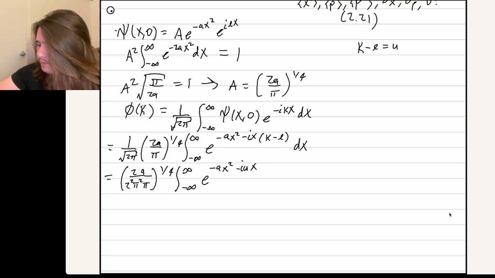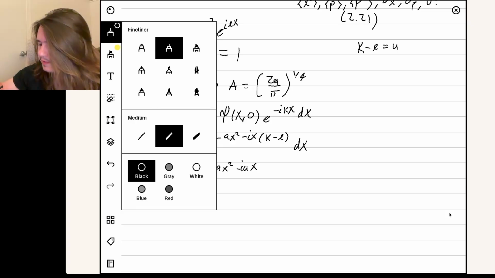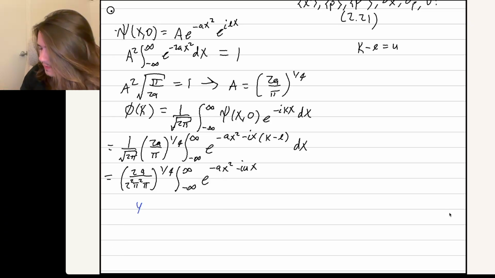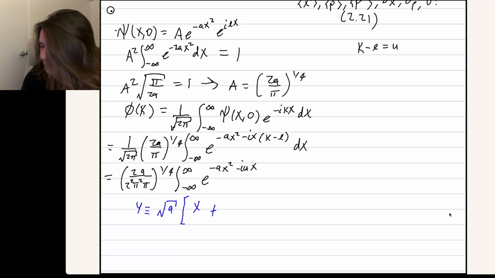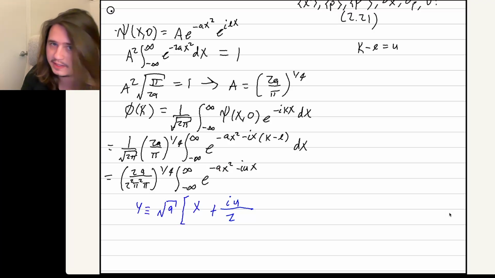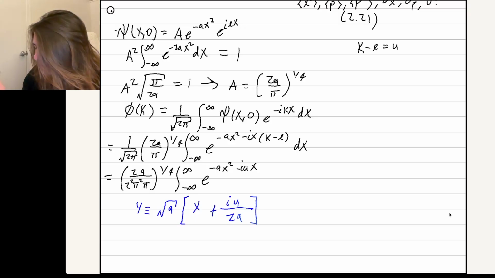We did a variable change where we defined a variable y, where we had just this root a here. So you take the square root of whatever is attached to the x squared bit. Then you have x plus whatever is attached to the minus x bit, so we have i u up there, and then over 2 times whatever is attached to the x squared thing, 2a. This will be very important later.